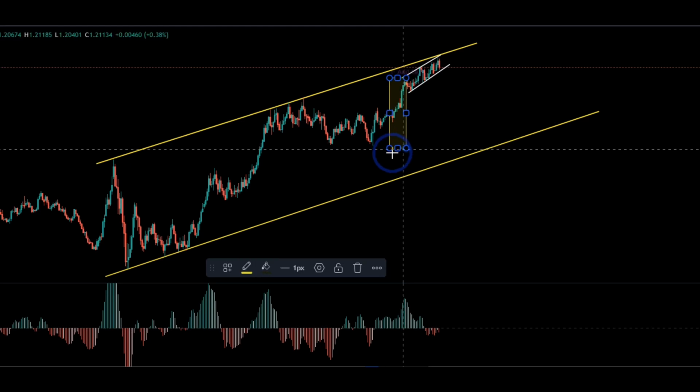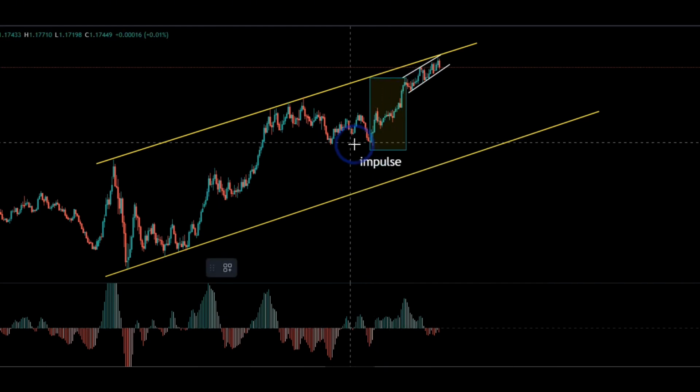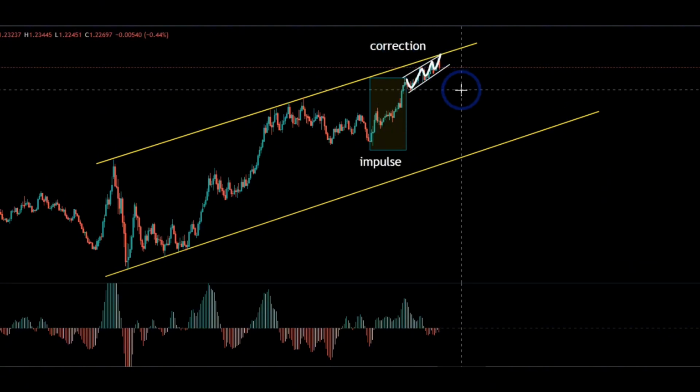Upon reaching the top of the channel, we observe an impulse move followed by a corrective move, which forms an ending pattern.